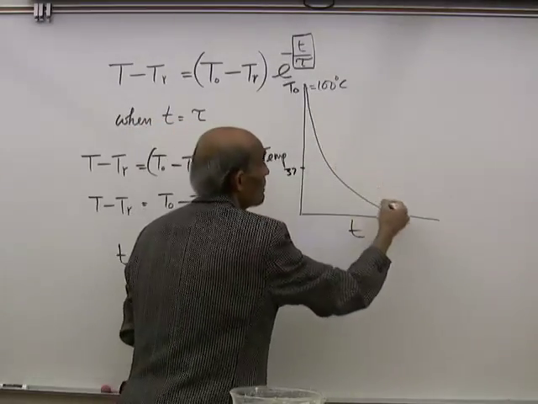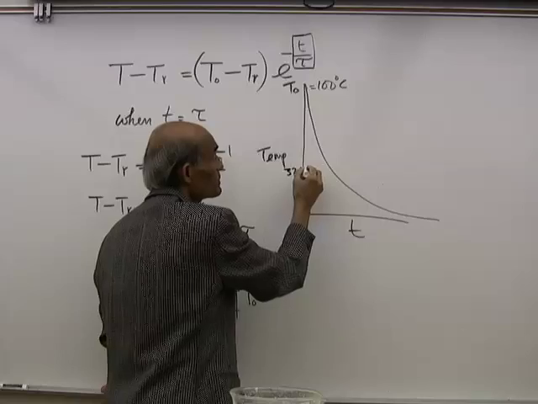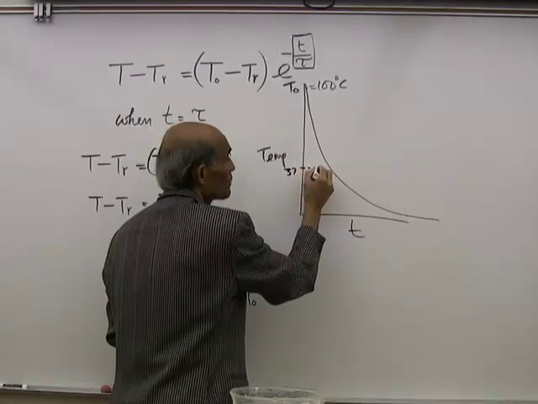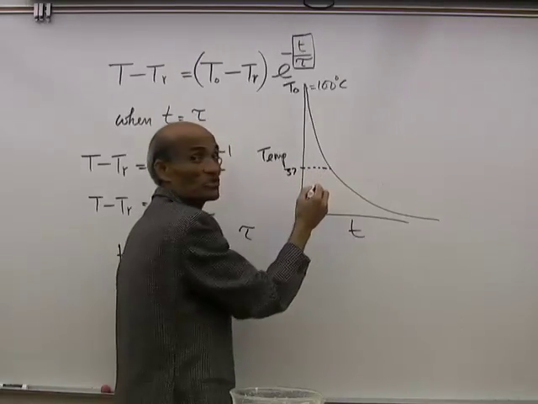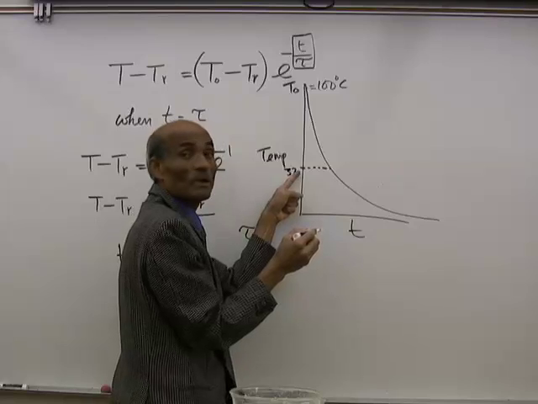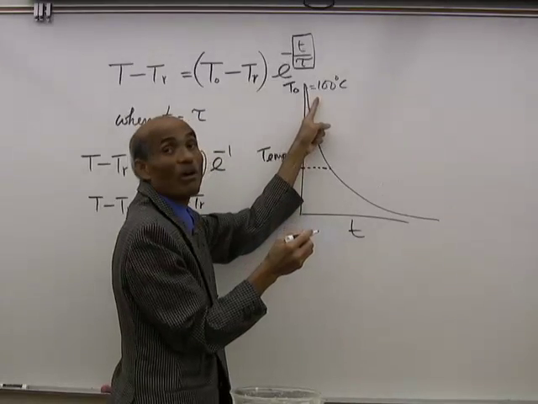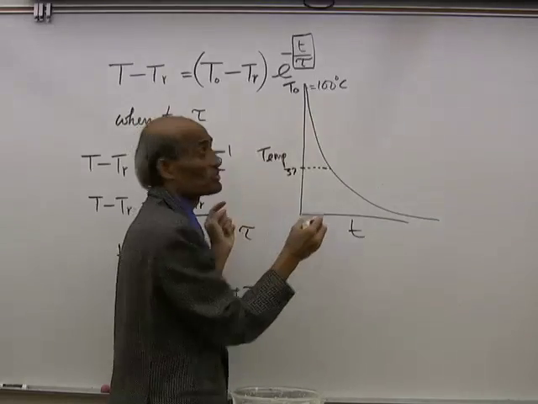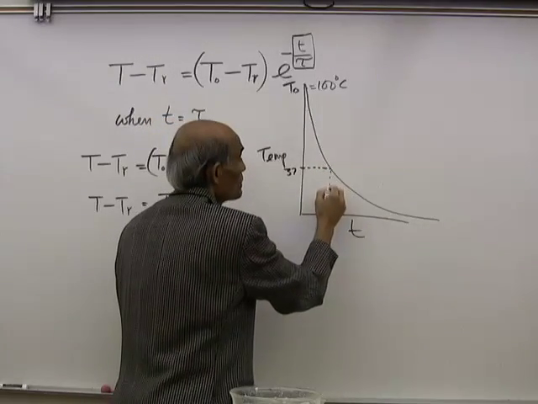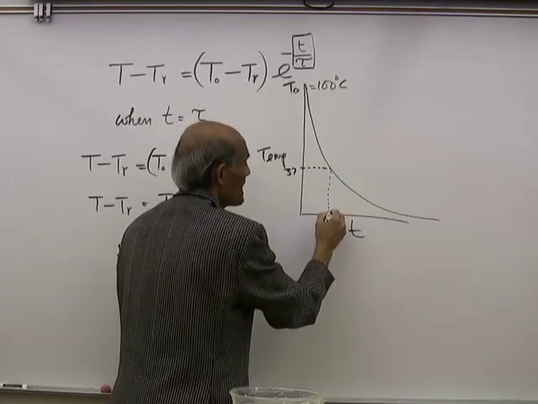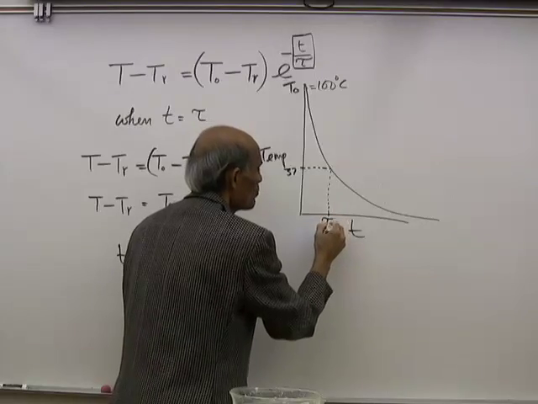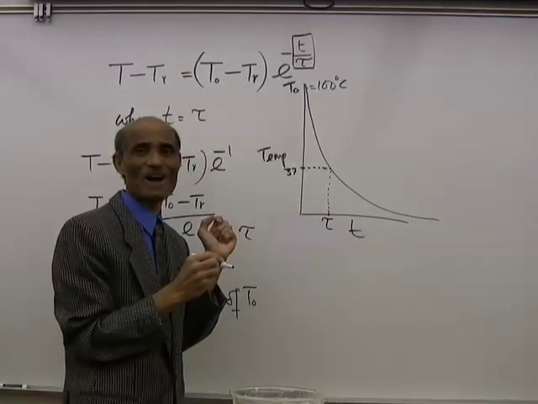Once you have obtained your graph, all you need to do is draw a horizontal line that touches the graph from 37 degrees, that is 0.37 of the original temperature, and then draw a vertical line to touch the time axis. This time will be a measure of tau.